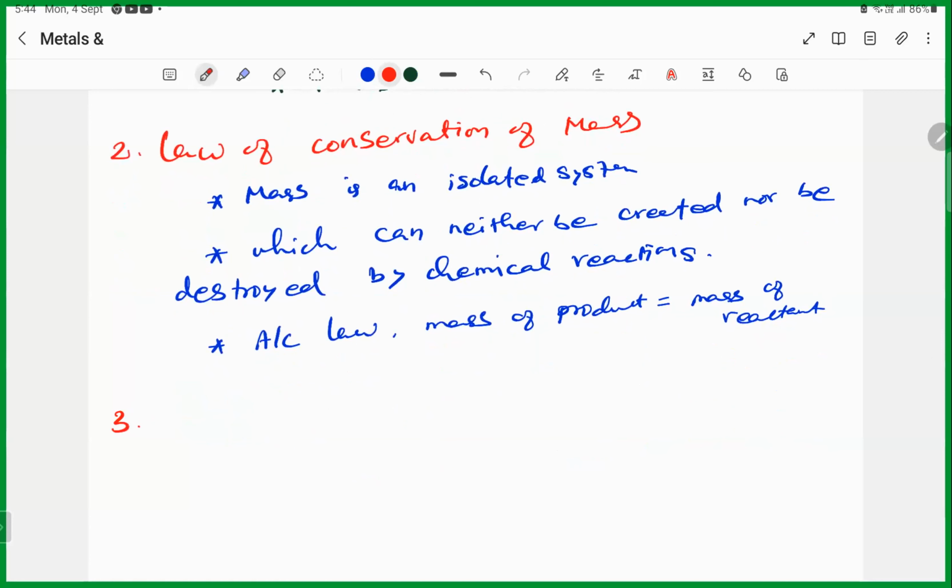Next, write a balanced equation for the following reaction. One is dilute sulfuric acid reacting with aluminum powder. You tell me, what reaction happens when dilute sulfuric acid reacts with aluminum? What is the product you will get? And also tell me what type of reaction is this?